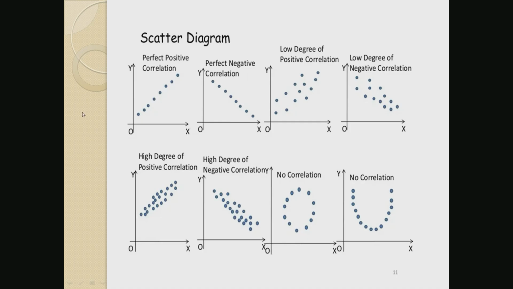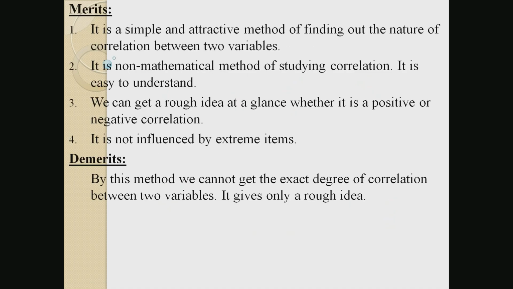If the plotted points lie scattered all over the diagram, then there is no correlation between the variables. So, merits of the scatter diagram. It is a very simple and attractive method for finding correlation. Without using a formula, we can find the relationship between the variables.